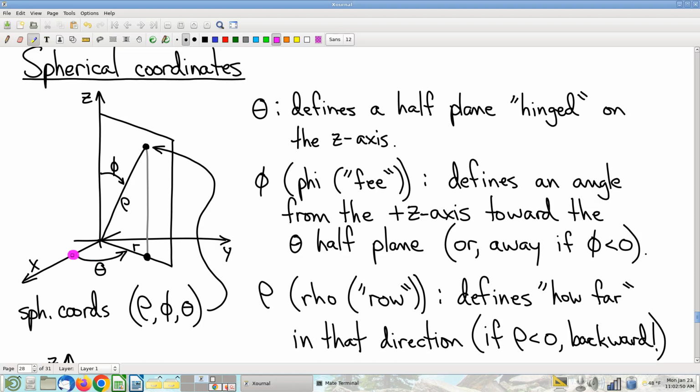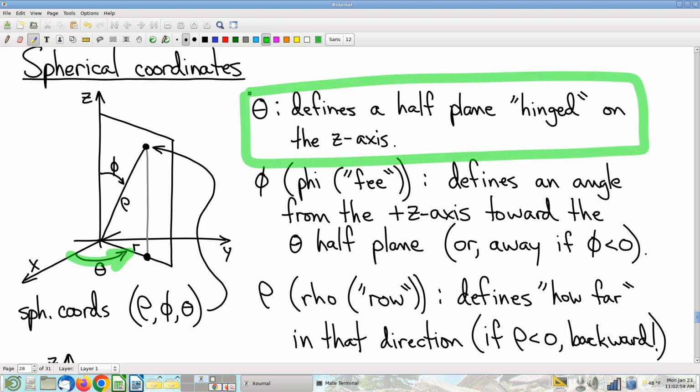We're going to start off with theta. Oh, you know what? Bad color choice. Theta is going to define what I'm going to call a half plane hinged on the z-axis. So in polar coordinates, theta defines a direction. Right?